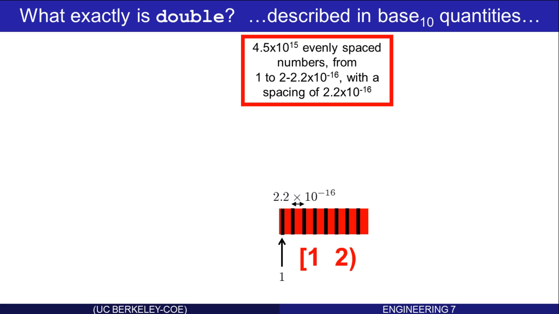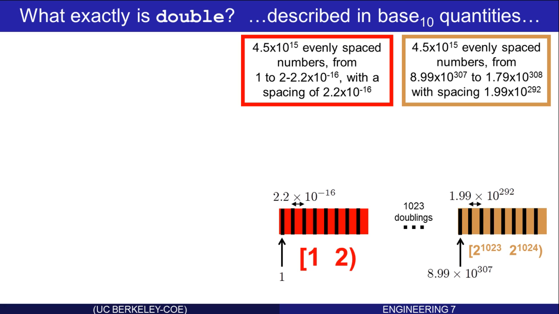Then there are many doublings of that interval, all the way out to 4.5 times 10 to the 15th evenly spaced numbers from approximately 9 times 10 to the 307th to 1.8 times 10 to the 308th. The spacing between those is about 2 times 10 to the 292.